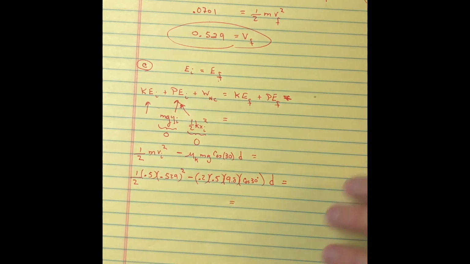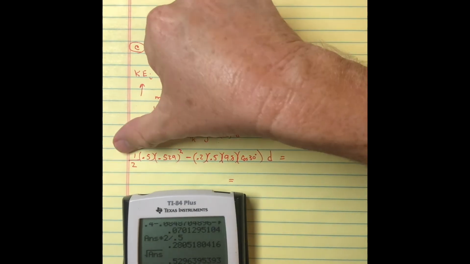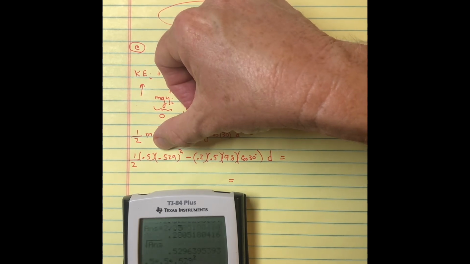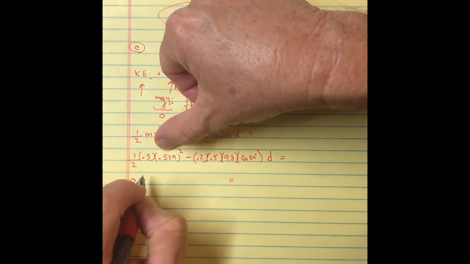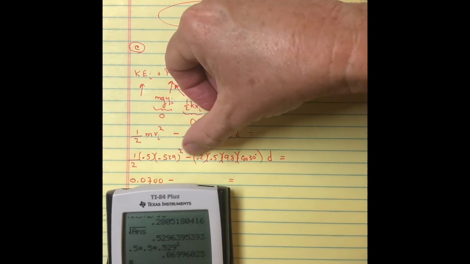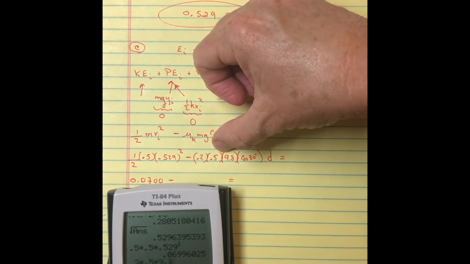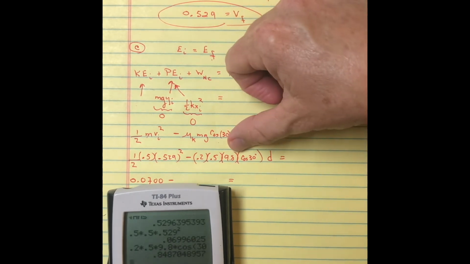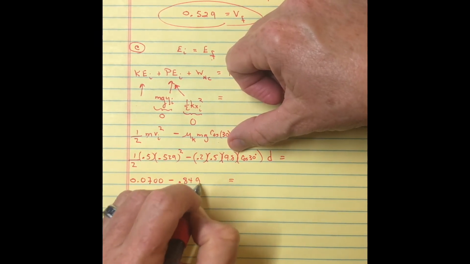So if I put in the numbers on the left-hand side, I'd have 1/2 times 0.5 times 0.529 squared, and that would be 0.0700, minus 0.2 times 0.5 times 9.8 times cosine of 30, which is 0.849d.